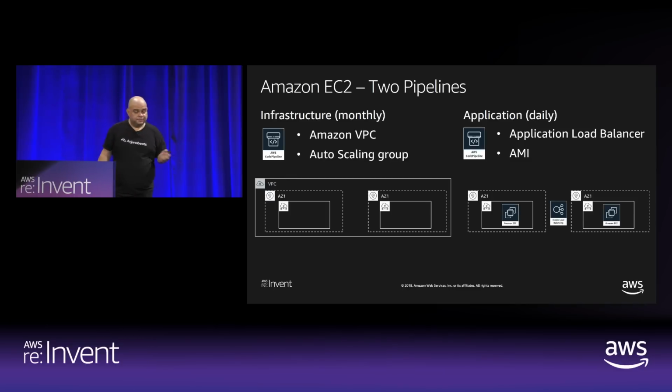The daily one, I may have to change the load balancer, my application gets tested, and maybe I bake an Amazon Machine Image or AMI, and that's the only thing that changes. Everything else does not change. So you can see by having these two individual steps, the steps are smaller, they're faster, they're easier to test, and they have a smaller blast radius.